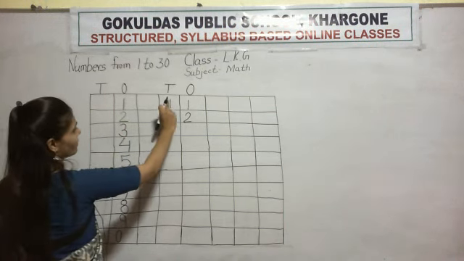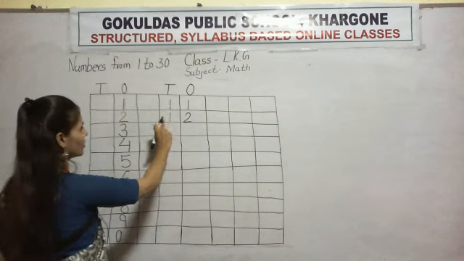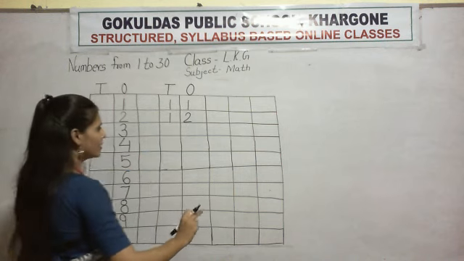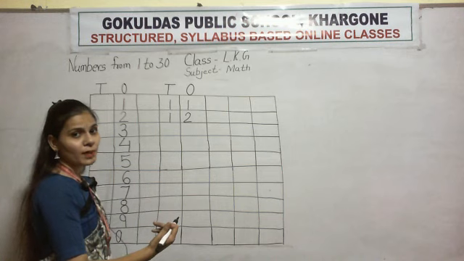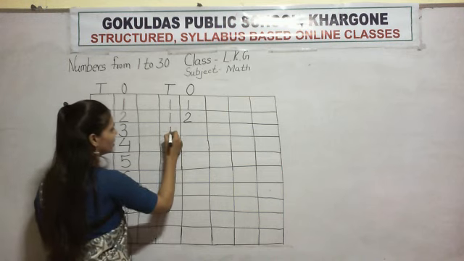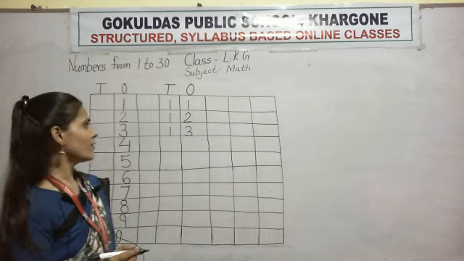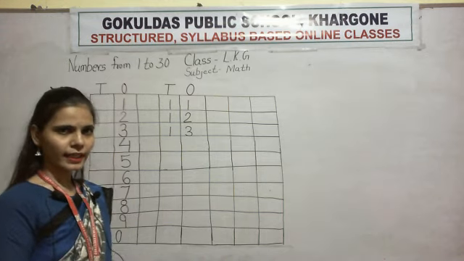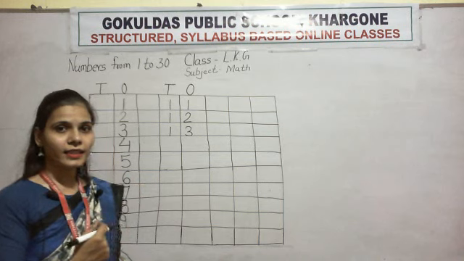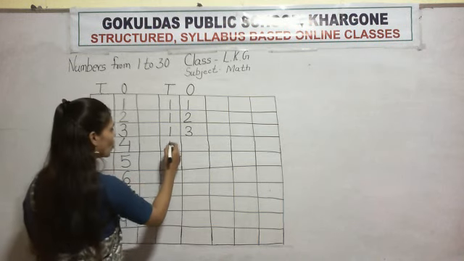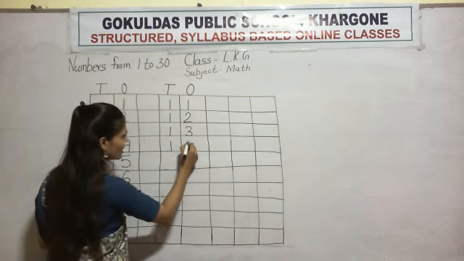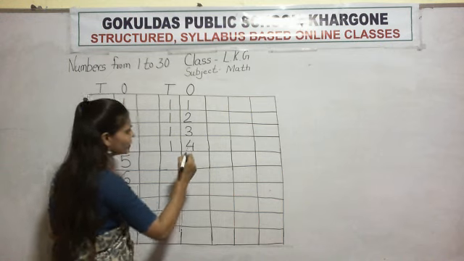Repeat after me and write also. So you say 1, 1, 11. 1, 2, 12. After 12, which number will come? 1, 3, 13. After 12, 13 will come. After 13, 14 will come. 1, 4, 14.